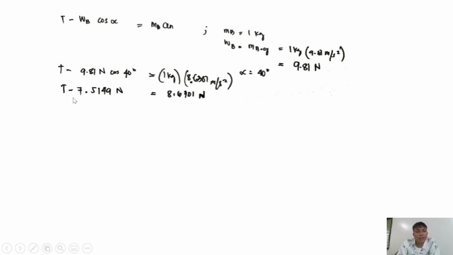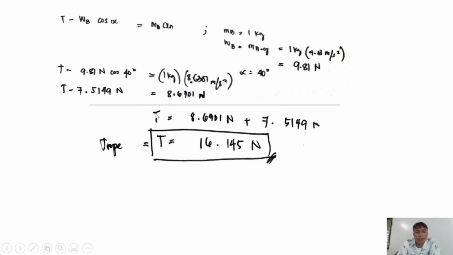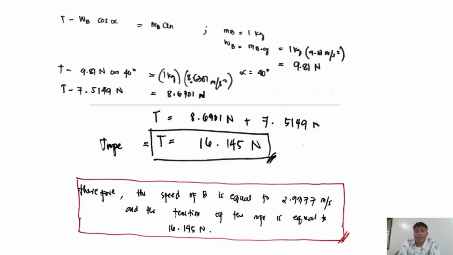This will give us that T, the tension of our rope, is equal to 8.6301 Newton plus, transposing it to the other side, 7.5149 Newton. So the tension of our rope in this problem is equal to 16.145 Newton.